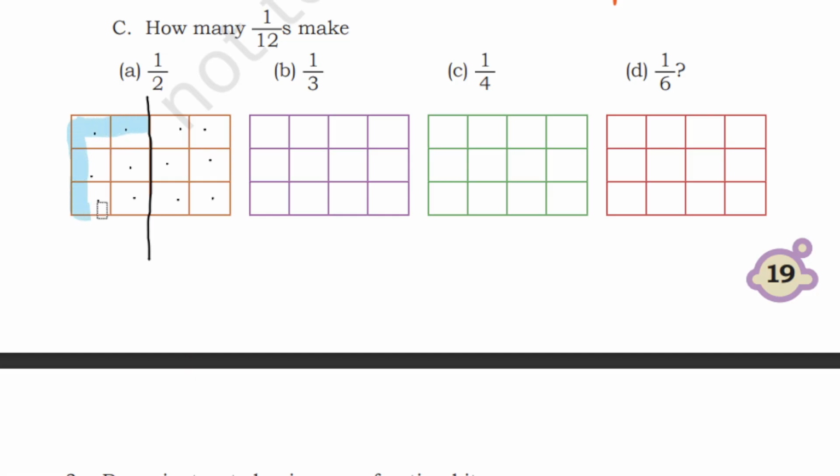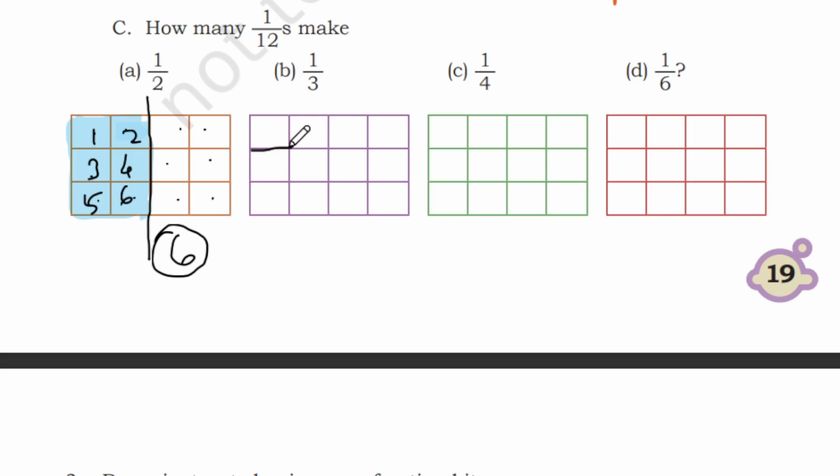So I am shading half of the part. So how many 1 by 12s are we able to make? Let's count. First one, second, third, fourth, fifth, sixth. So we have 6.